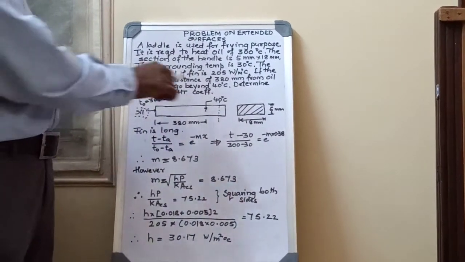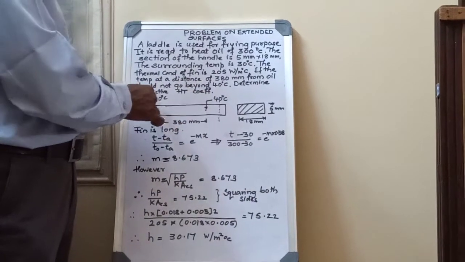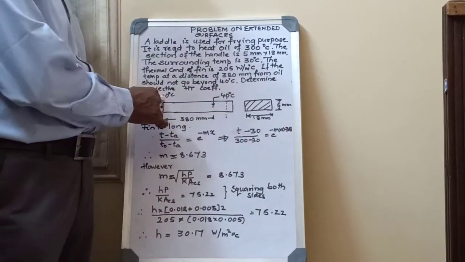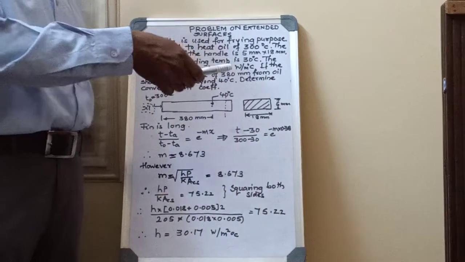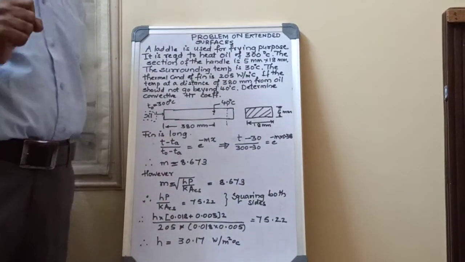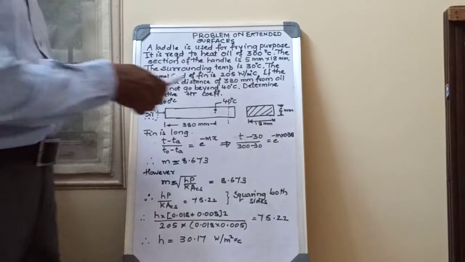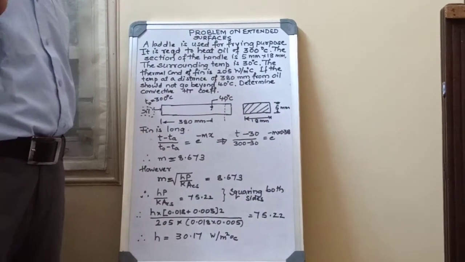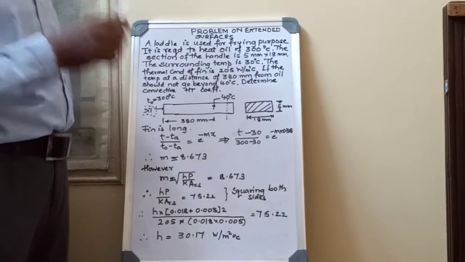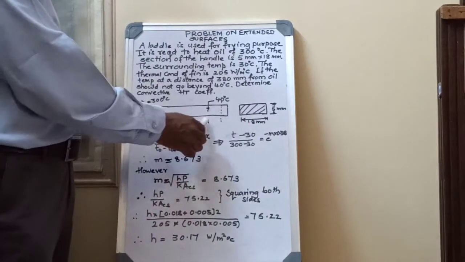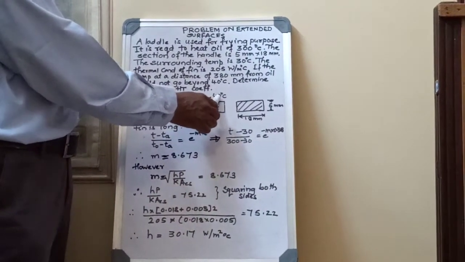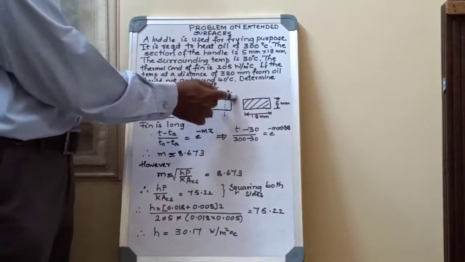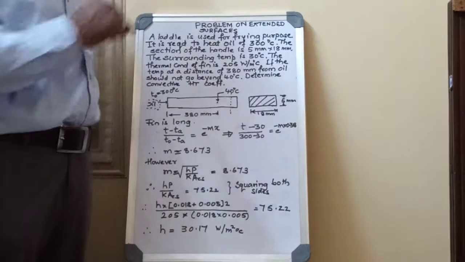For example, here is our hand. This particular tip is in the hot oil. The other end is carried by some human body, so this human body should not feel the heat. Therefore, at a distance of 380 millimeter, the temperature should not exceed 40 degrees centigrade. Here we are holding the ladle.